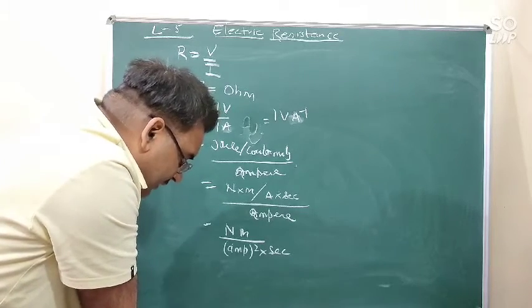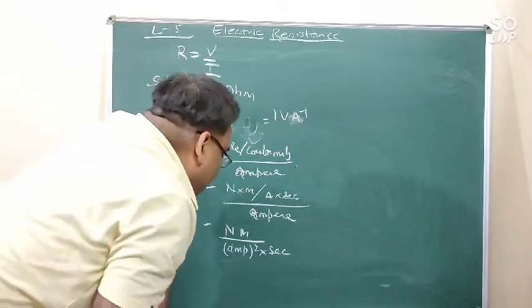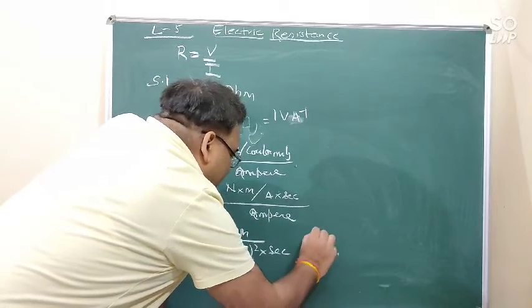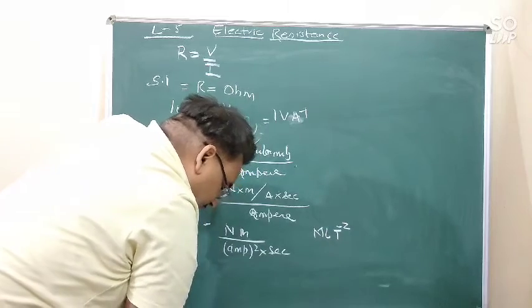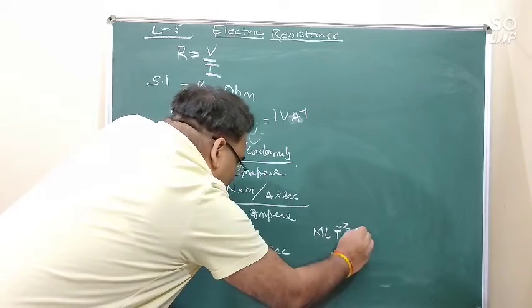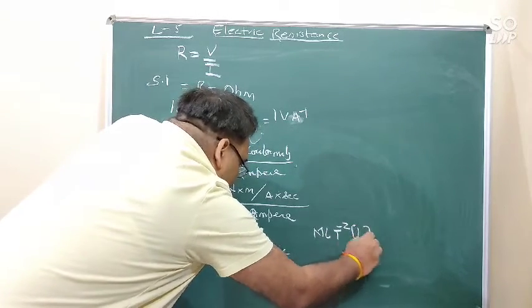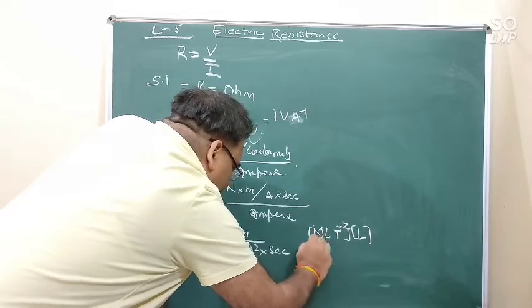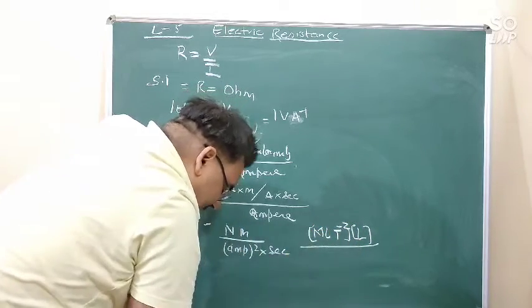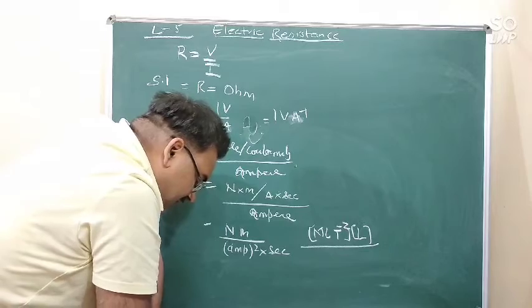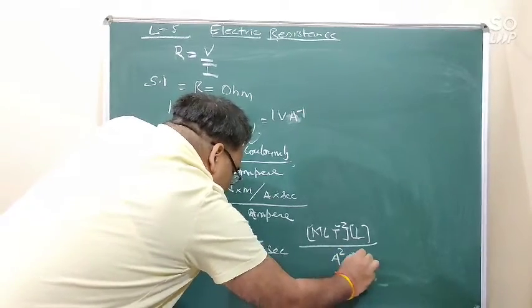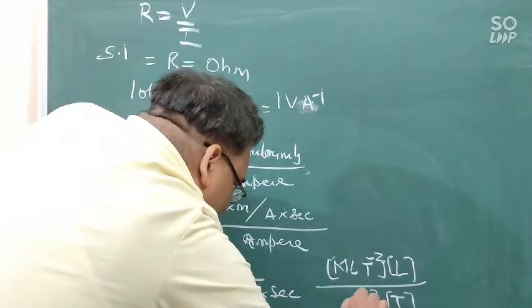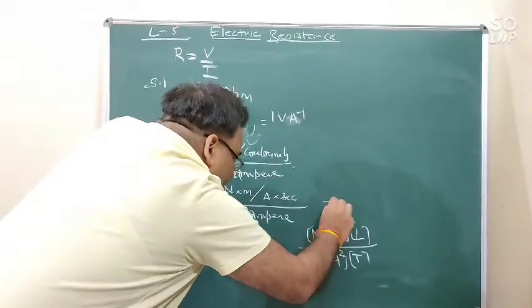डायमेंशन क्या आएगी? न्यूटन की क्या है? न्यूटन की डायमेंशन M L T minus 2, मीटर की L, एम्पियर इज A स्क्वायर एंड दिस इज टाइम T. तो ओम की क्या हो गई?